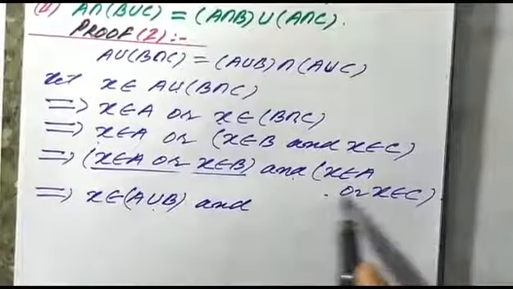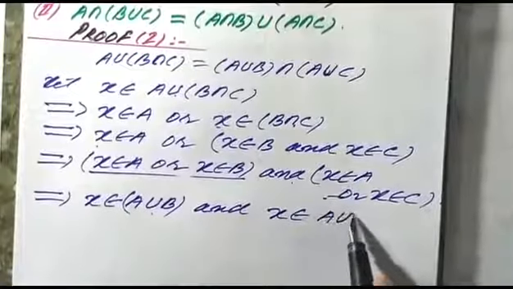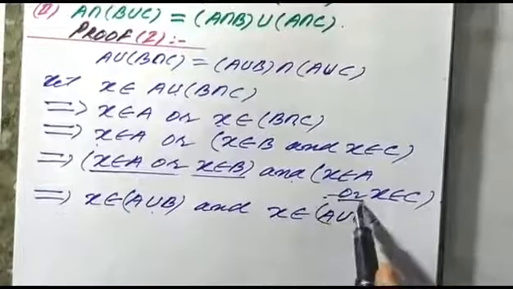And the other statement may be written as X belongs to (A union C), again because of the word OR.